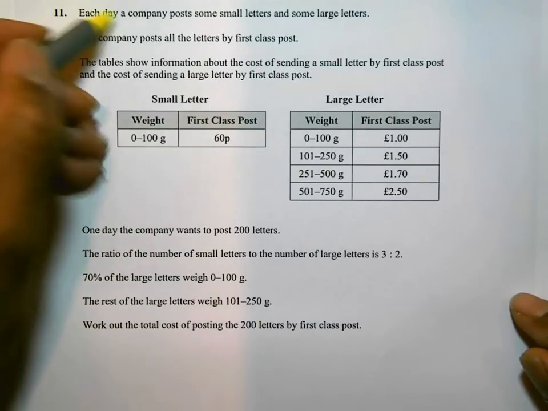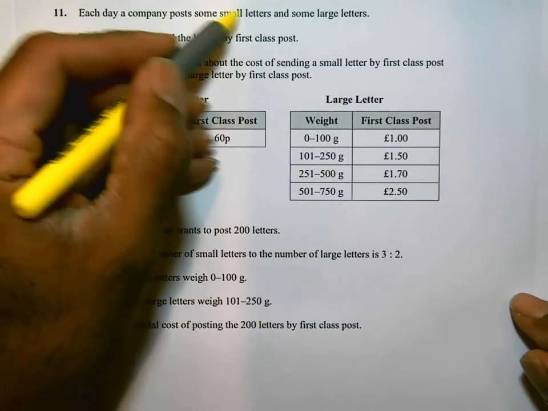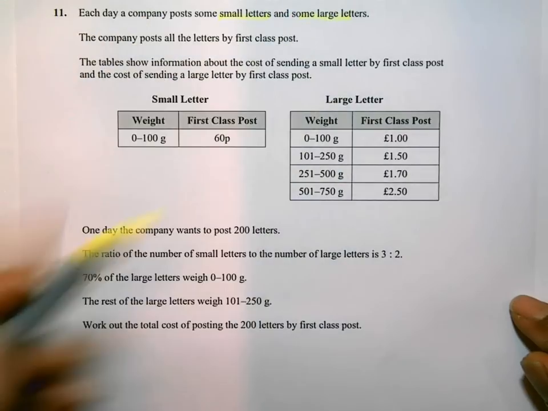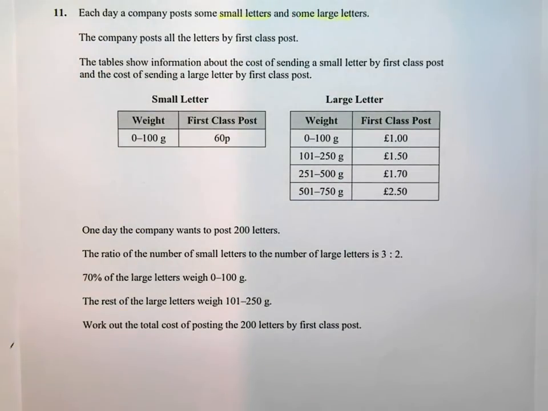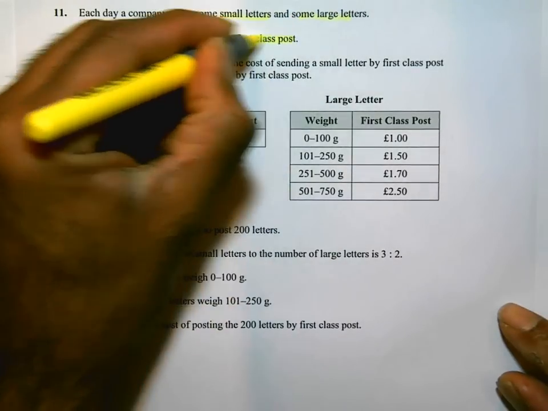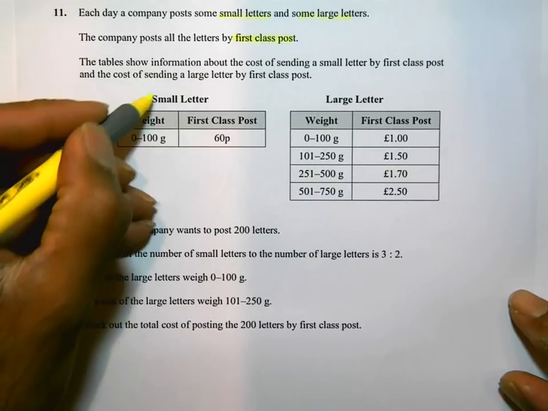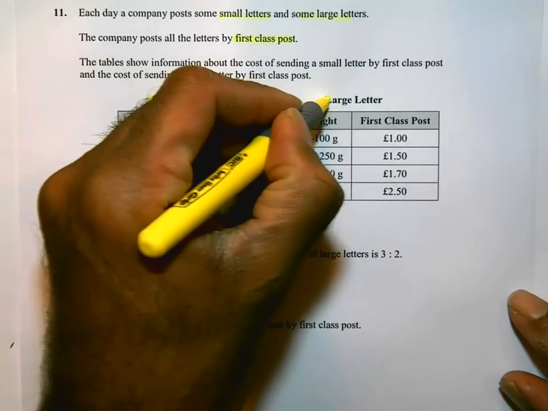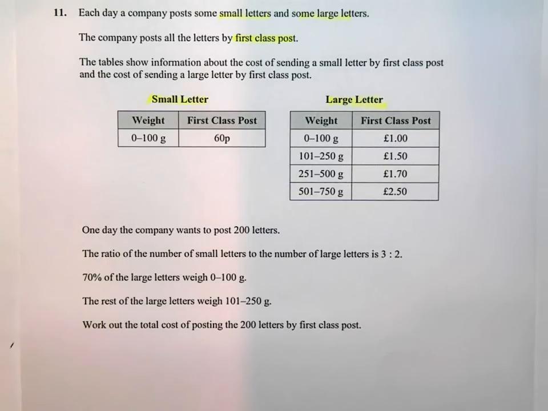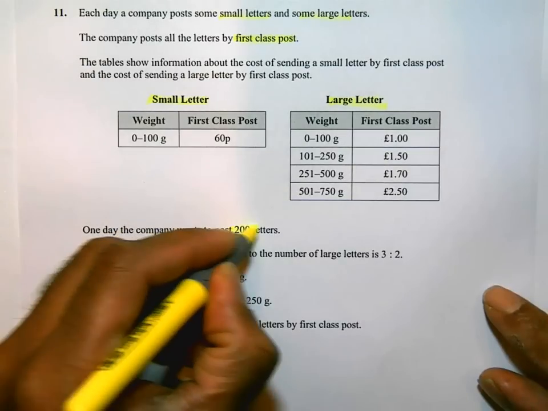Each day a company posts some small letters and some large letters. The company posts all the letters by first class post. The table shows the information about the cost of sending a small letter by first class post and the cost of sending a large letter by first class post. So here's the two different tables. One day a company wants to post 200 letters.